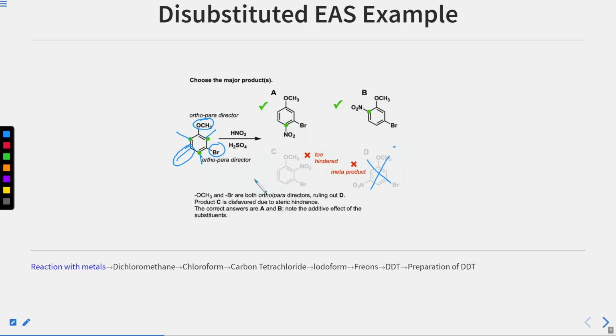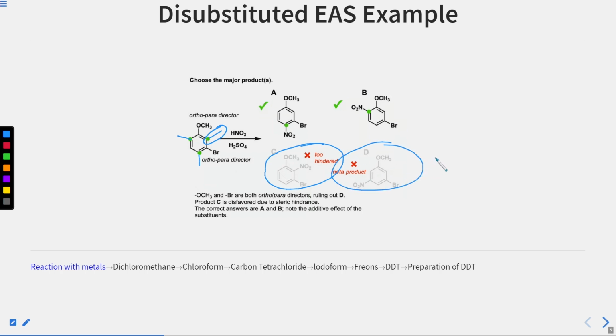Now we are left with three possibilities here, here, and here. Now this one is also ruled out. Why? Because if you put NO2 here, it will be too hindered. Three substituents consecutively will be a too hindered product. For that reason, it is not formed.